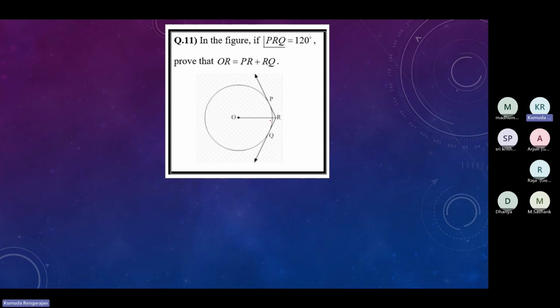So if angle PRQ is 120 degrees, this whole angle PRQ is 120 degrees, so we know this will be 60 and 60, because equal tangents are equally inclined. See, it's a figure like this, children.